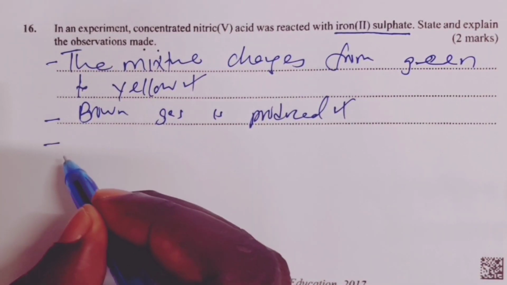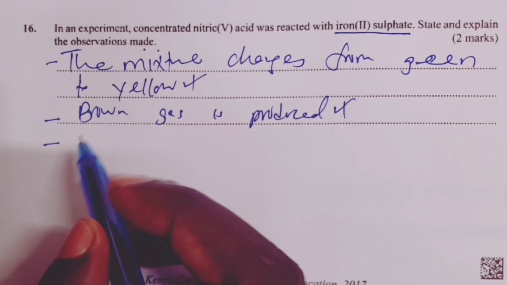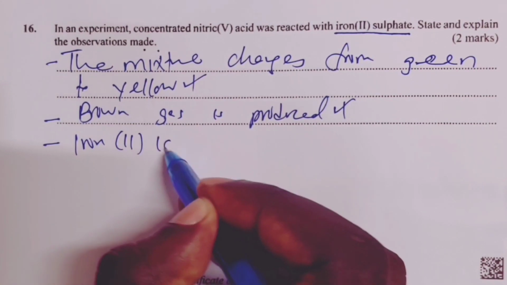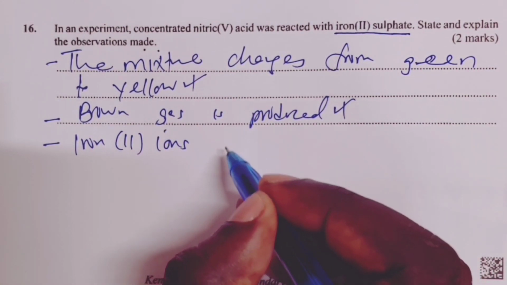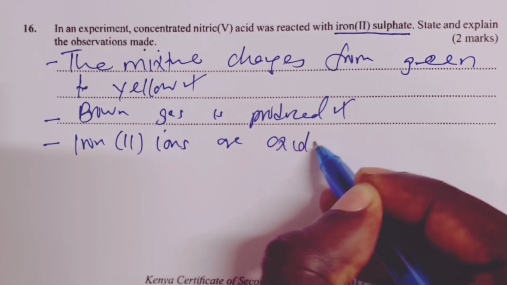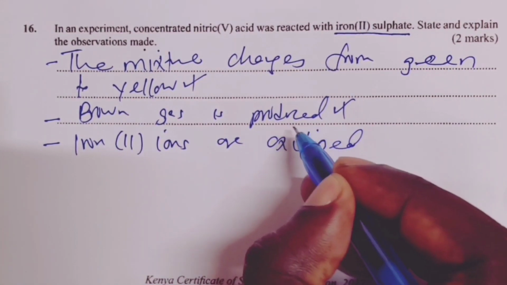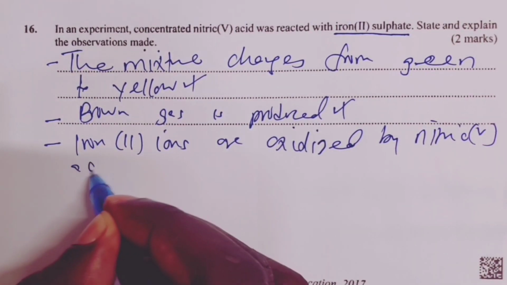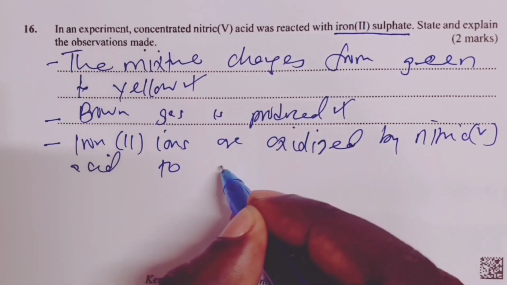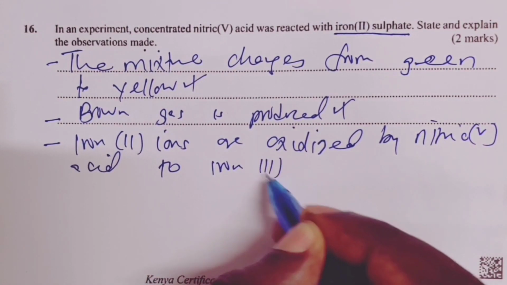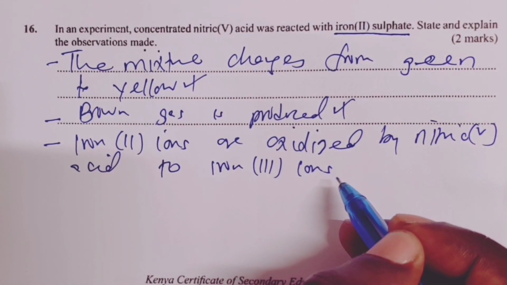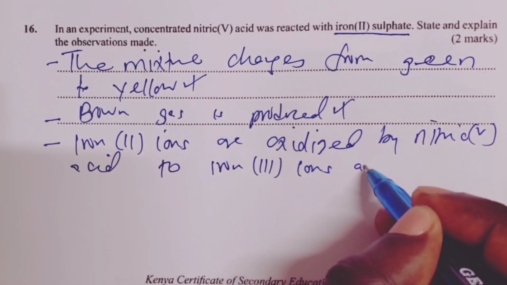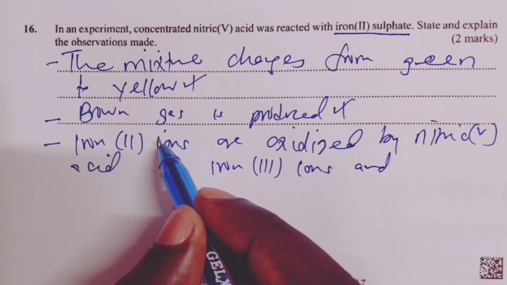Then we would go ahead and explain our 2 observations, that iron 2 ions in iron 2 sulfate are oxidized by nitric 5 acid to iron 3 ions. So that's why the color is changing from green to yellow. And then we would explain why we are producing brown gas.